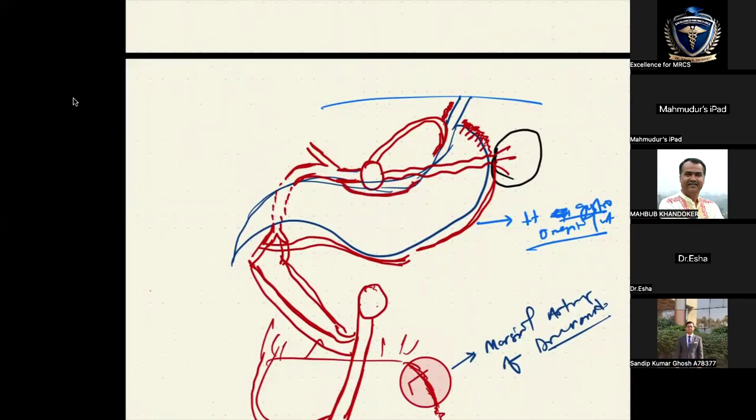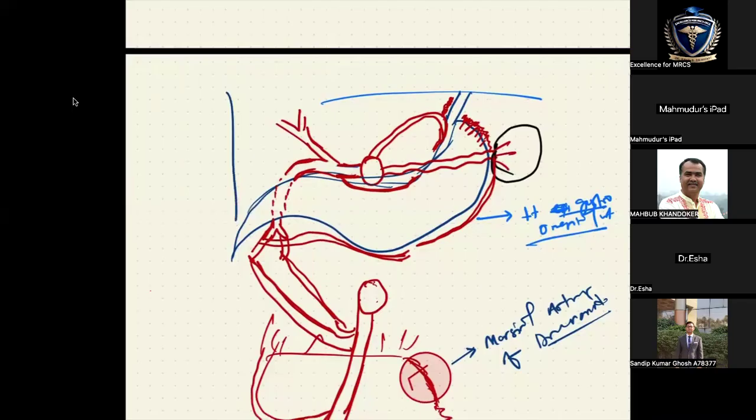Okay, now come to the hepatic artery proper. It divides into two parts, the right and left hepatic arteries. Assume this is the liver. It divides here, and this liver is very low lying. I'm showing a very tiny liver.